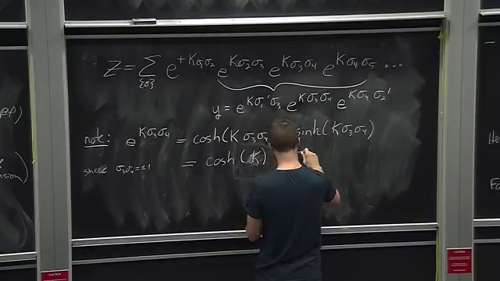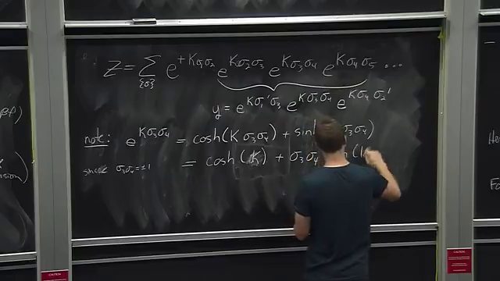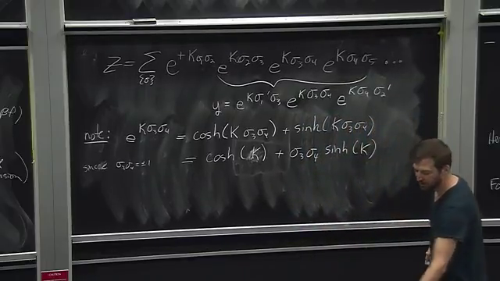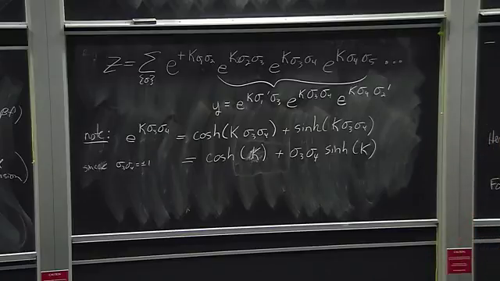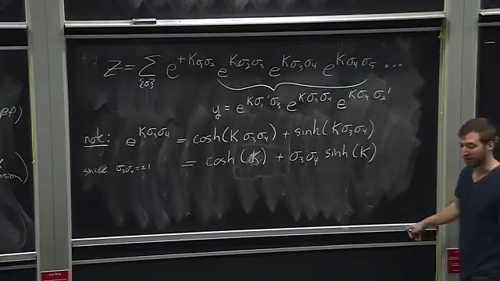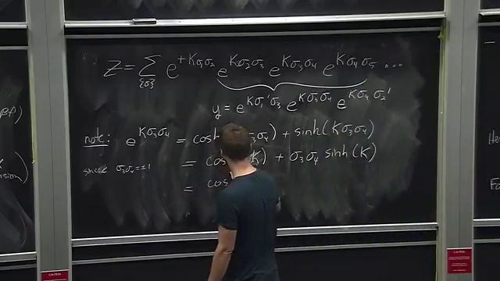I can just write it like this. So it's just an identity because you only have those 2 possibilities for that product. So I pull the hyperbolic cosine out.